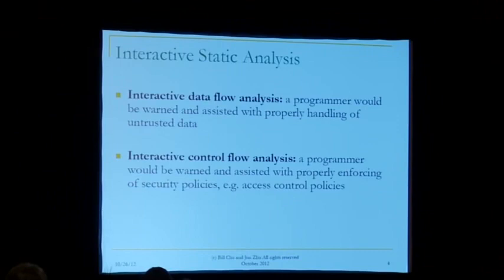Sometimes you have security policies, invariants, things like access control policies, CSRF protection, etc., that you want to make sure you have satisfied when you write code. They're very difficult to detect with data flow analysis. They're really control flow problems. So we have some ideas on how to deal with that, and I'll share that with you.